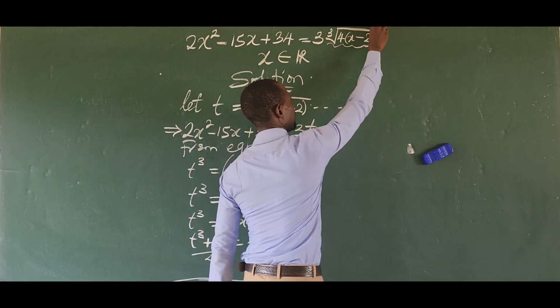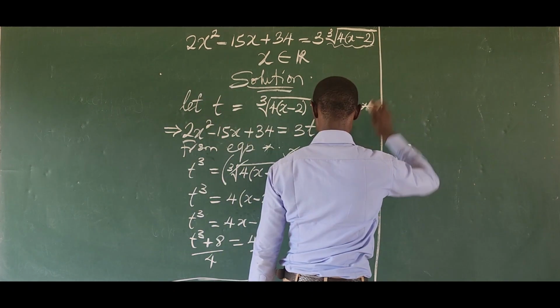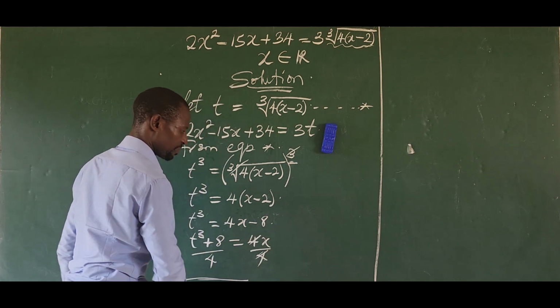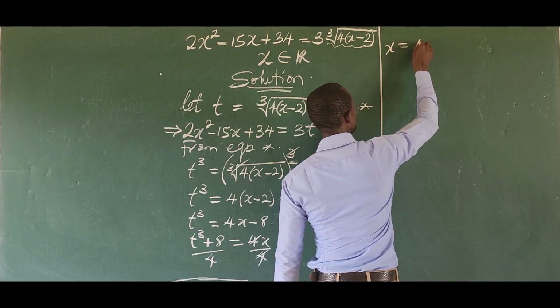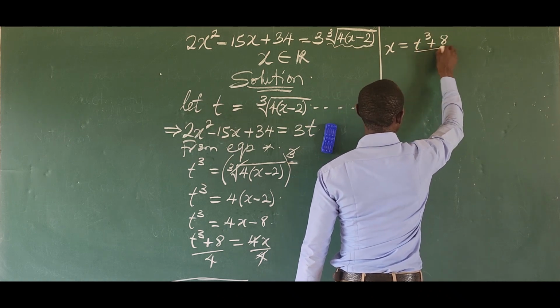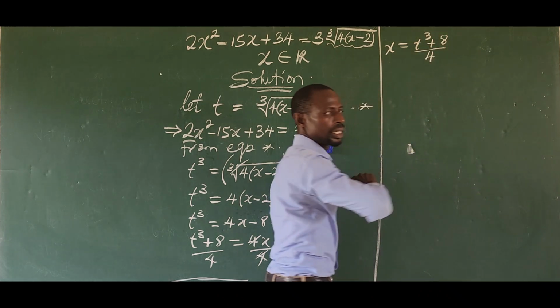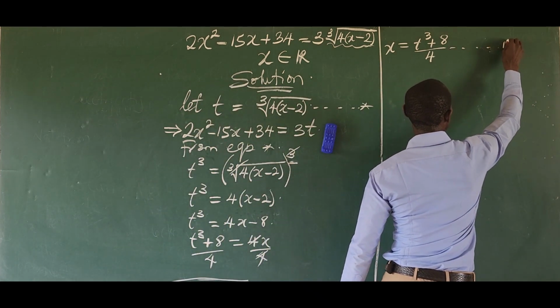So we now end up having x equal to (t³ plus 8) all over 4. So let's give this another equation star.